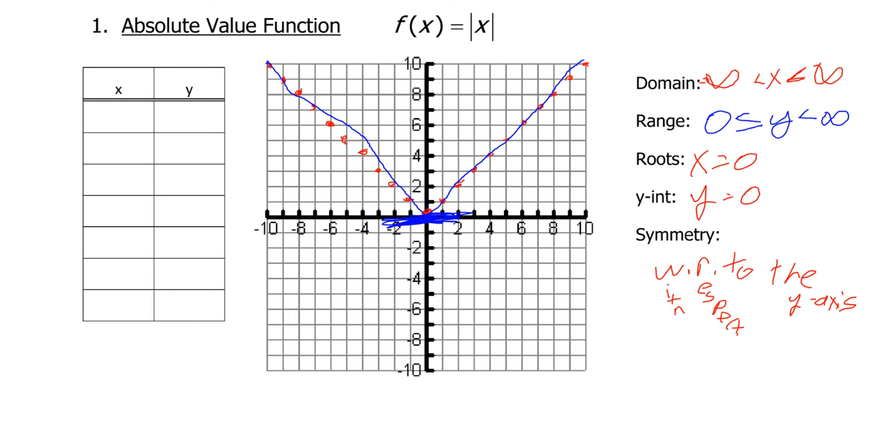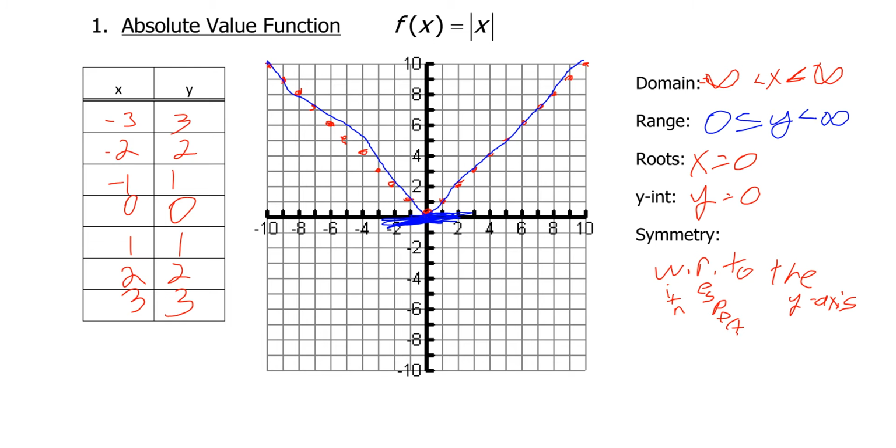So this one starts down here at 0, 0, and it's 1, 1, 2, 2, 3, 3, negative 1, 1, negative 2, 2, and negative 3, 3. And there it is. Okay? Very simple, okay? It's the most basic of absolute value functions.